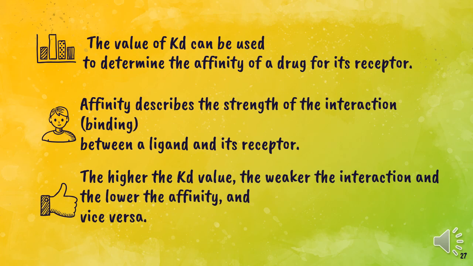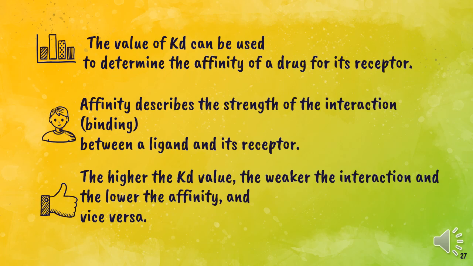How? If the Kd value is small, that is, the receptor has a high affinity for its ligand, it will attach fast and give the therapeutic response. For example, we are getting a Kd of 0.1 milligram for one drug, but for another drug, Kd is 0.5 milligram.